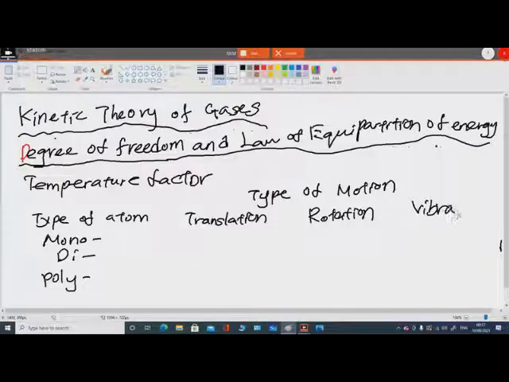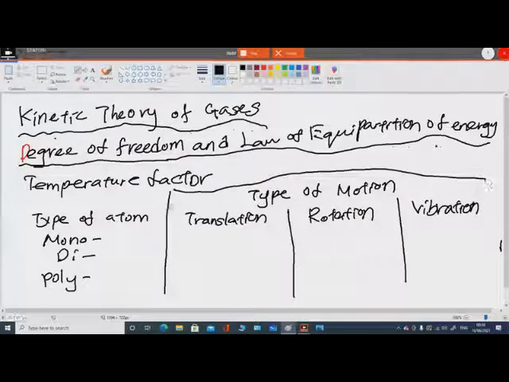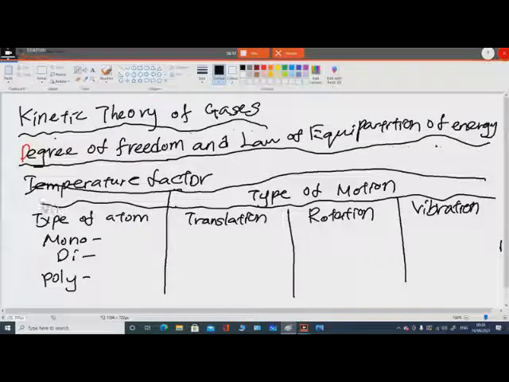Okay, let me draw a line. So this is the type, and this is the mono.